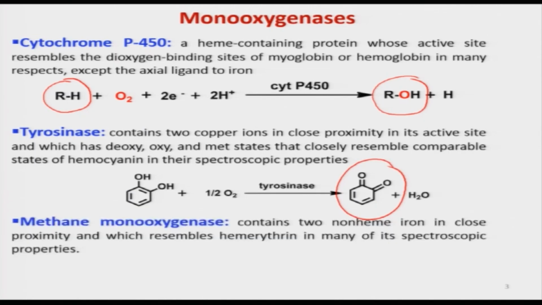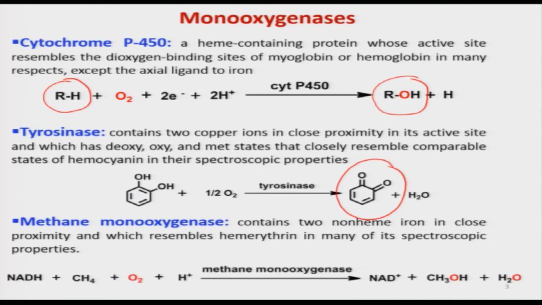Next, another monooxygenase is methane monooxygenase. There are many monooxygenases known in the literature now. Methane monooxygenase contains 2 non-heme iron in close proximity, and it closely resembles hemerythrin in many of its spectroscopic properties.